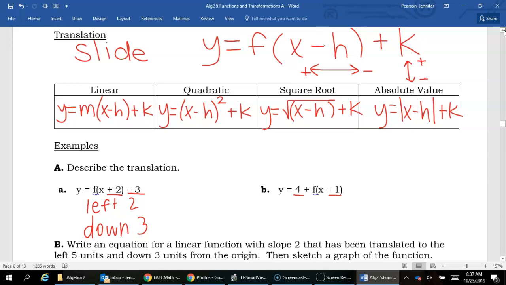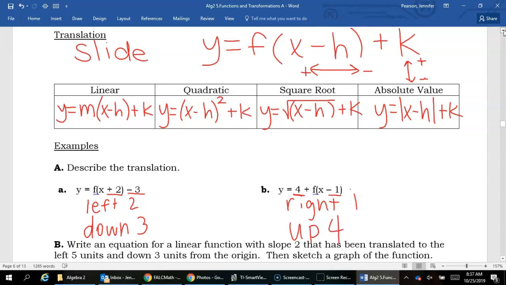Anytime we have a number inside, it's going to be left or right. So right 1, translates horizontally 1. And I wrote my format with the plus k at the back, but it really doesn't matter if the plus 4 is in the front or at the back. If it's outside of the parentheses, that's my vertical number. And because it's a positive 4, that'll be up 4.